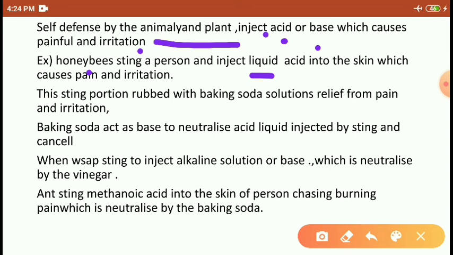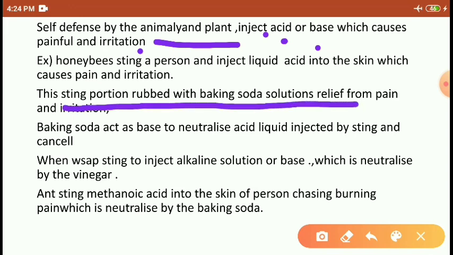So whenever a honeybee bites your skin, what you have to do is apply on that area, the stung portion, a rub with baking soda, that is sodium hydrogen carbonate. When you rub it with sodium hydrogen carbonate, it relieves the pain and reduces the swelling also, right students?